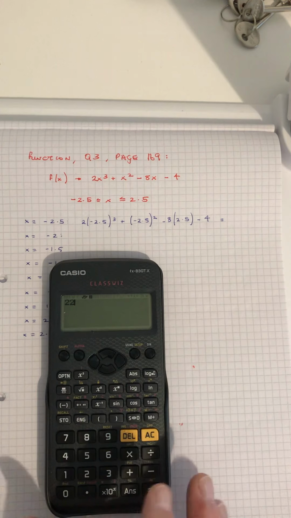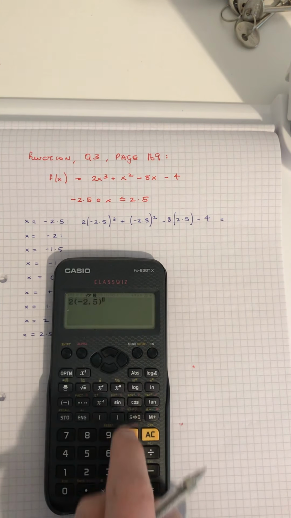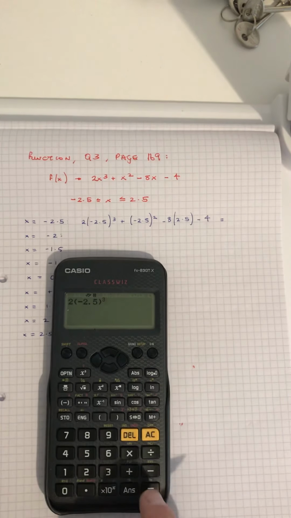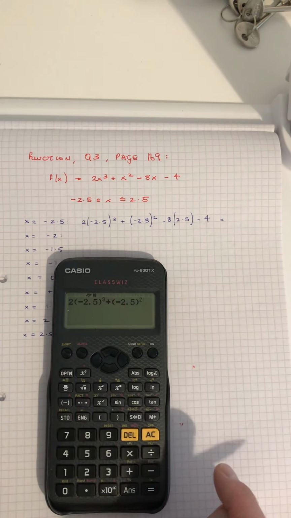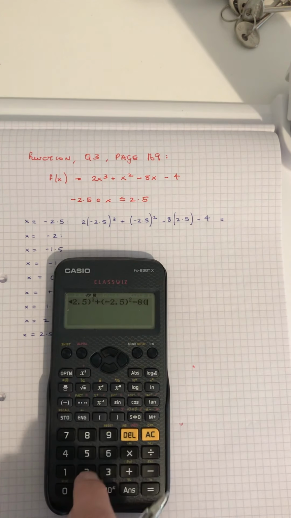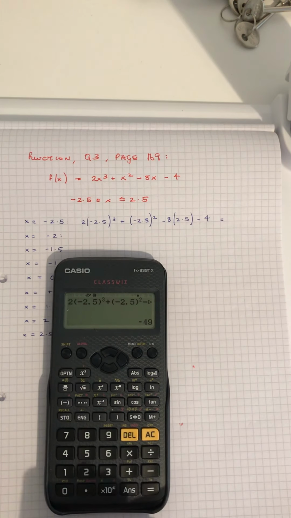So 2 brackets minus 2.5 cubed plus bracket minus 2.5 squared minus 8 bracket 2.5 minus 4 gives me an answer of minus 49. Now, that might look a bit big for you, but we'll go with it, okay?